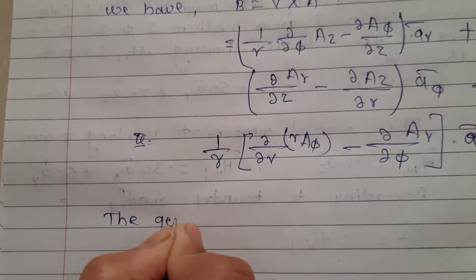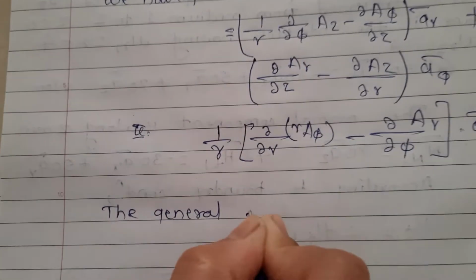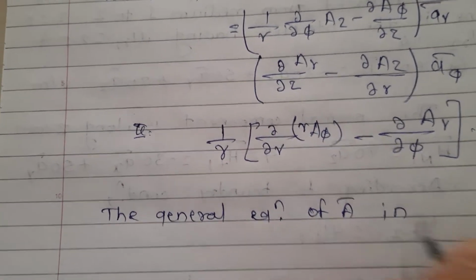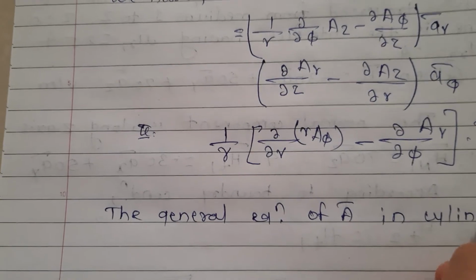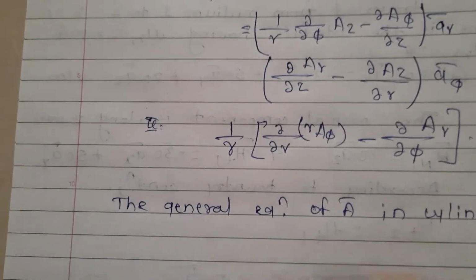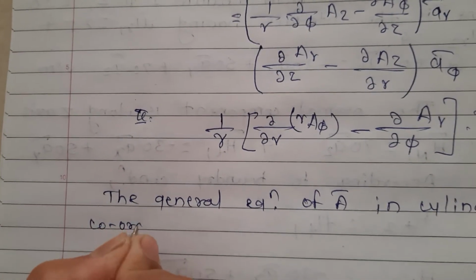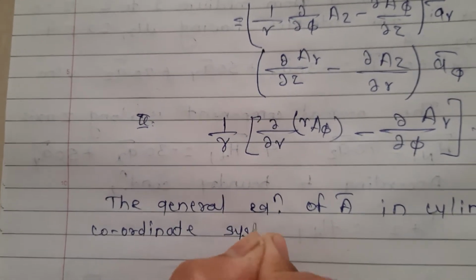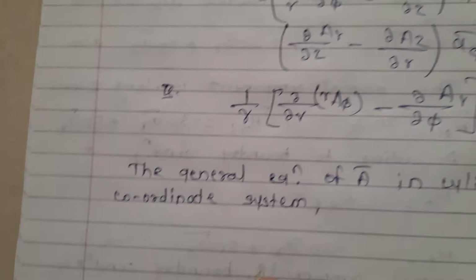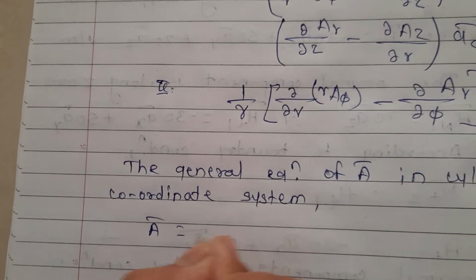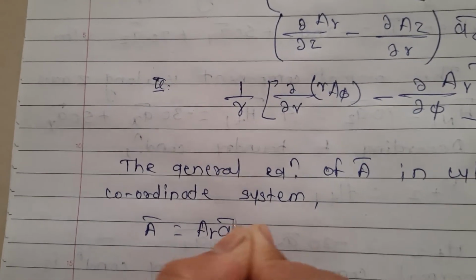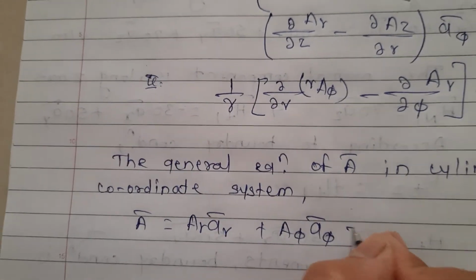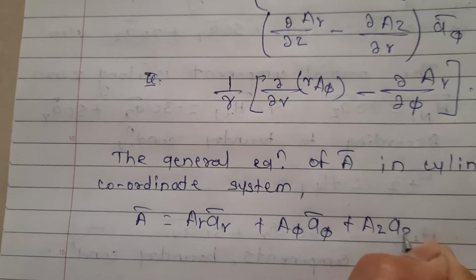Now the general equation of A bar in the cylindrical coordinate system can be written as A bar is equal to AR aR bar plus A phi a phi bar plus AZ aZ bar.